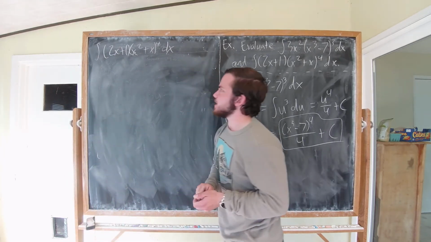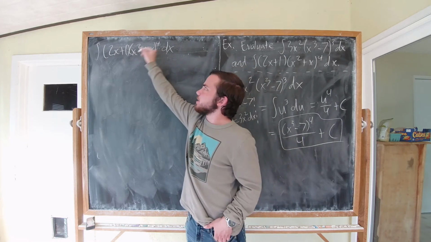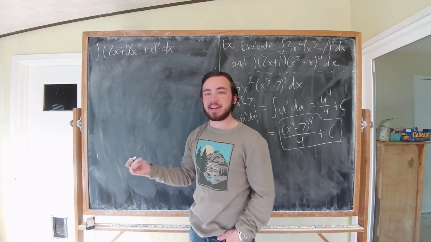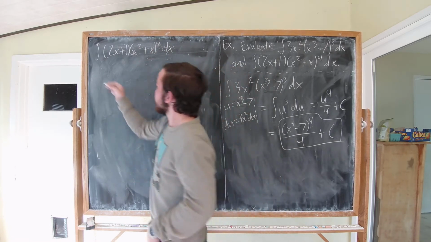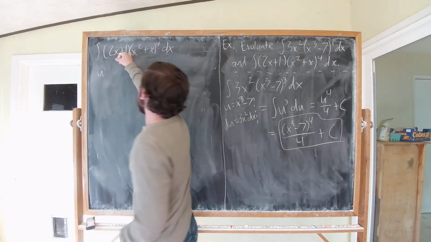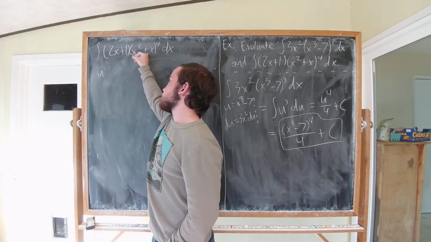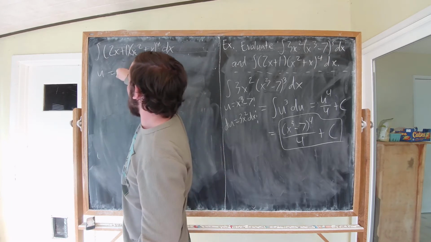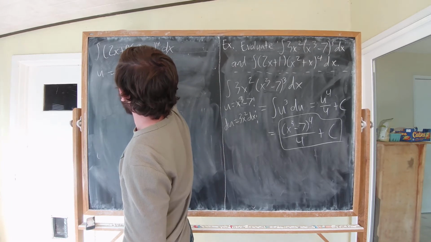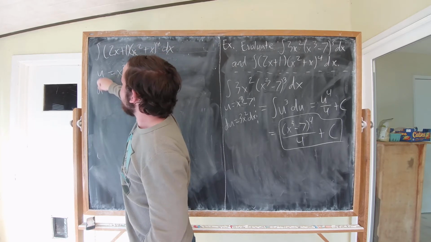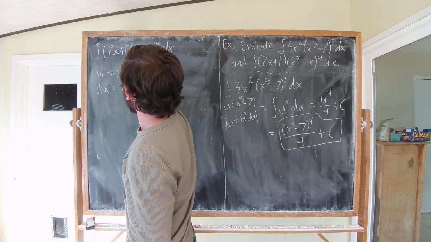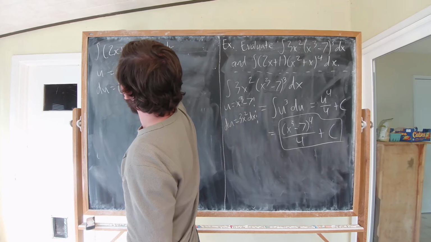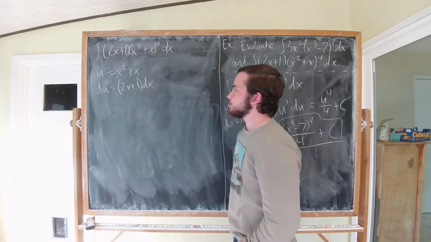Maybe a better choice would be saying, hey, this thing to the 4th power, maybe that's a better thing to get out of the way. And why is that? Well, because the derivative of x squared plus x is going to be 2x plus 1. So that'll make everything work out very nicely. If you let u equal x squared plus x, du is (2x plus 1) dx.